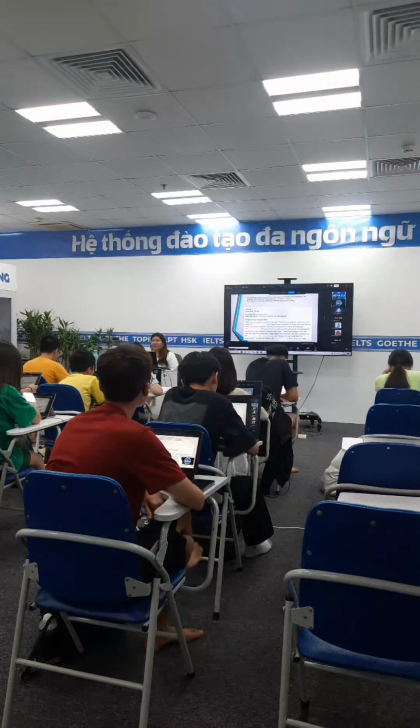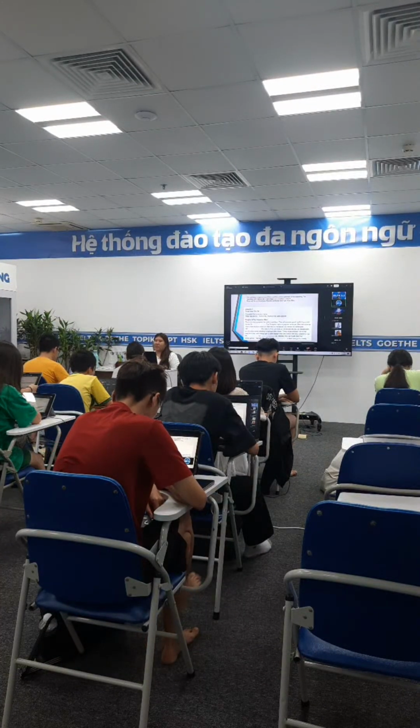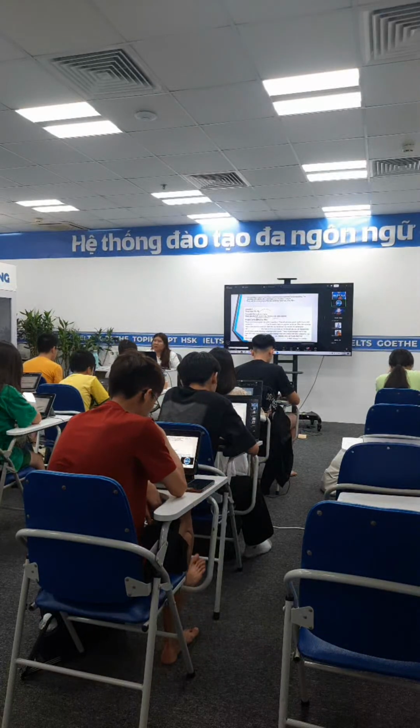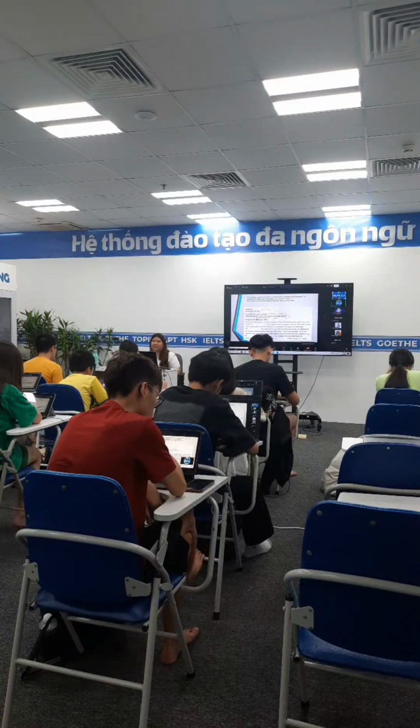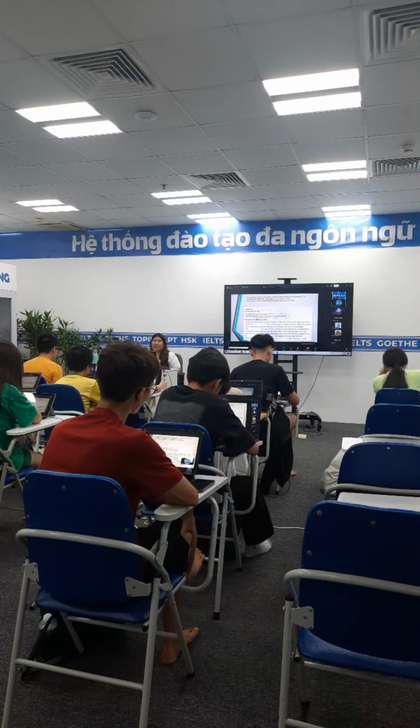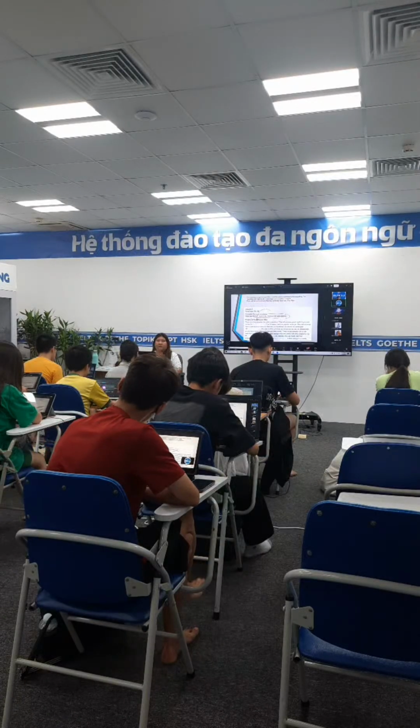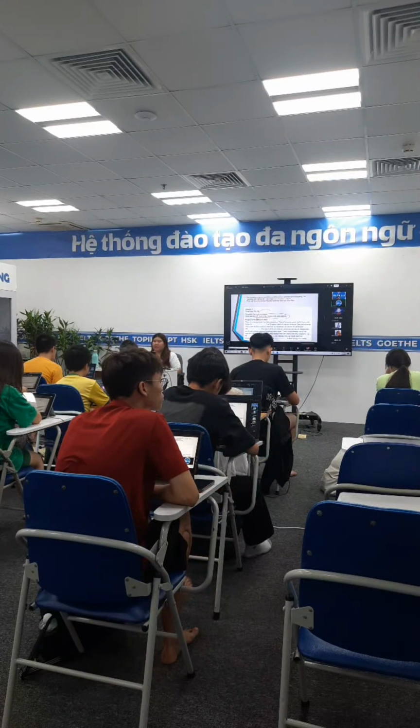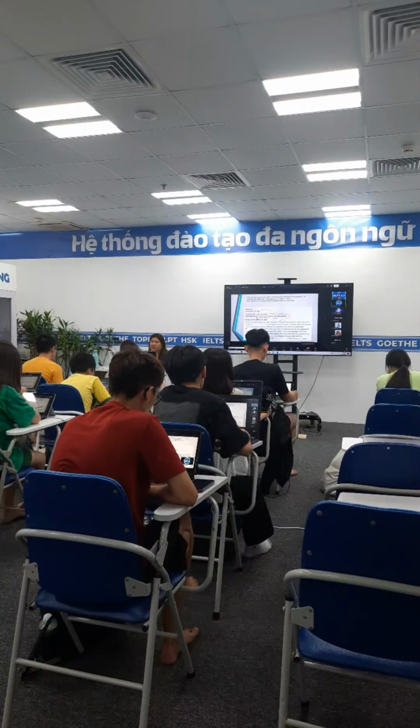Okay, let's answer. All right, question 31. What do you think is the type of word that's missing? It actually says here no more than 2 words. Question 31. Let's have someone read question 31. Hi, can you read question 31?